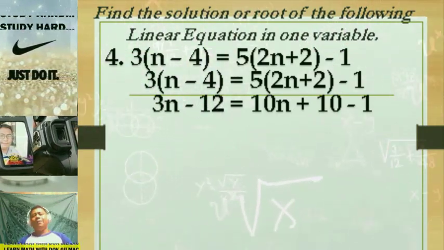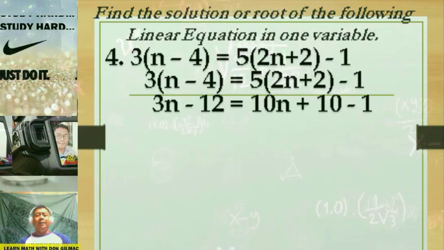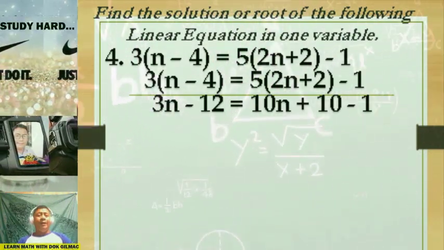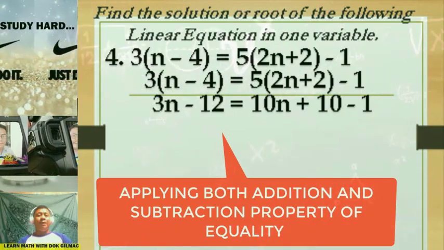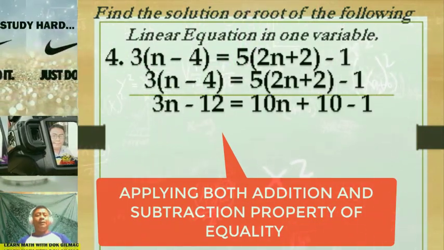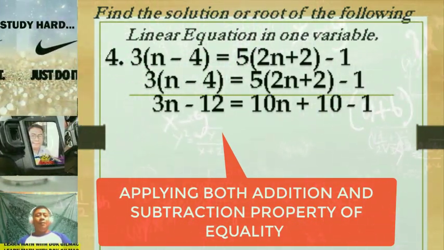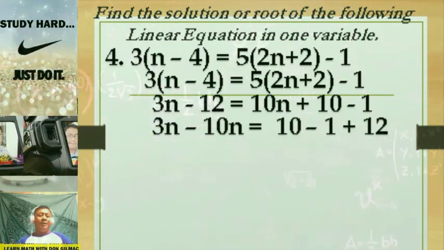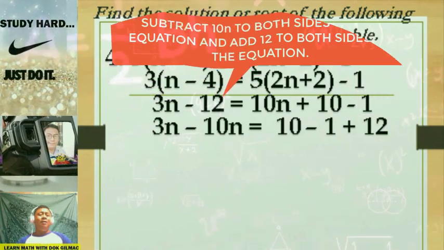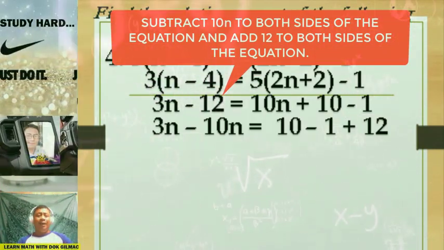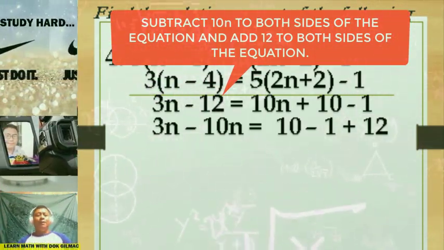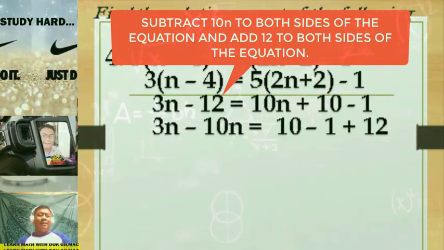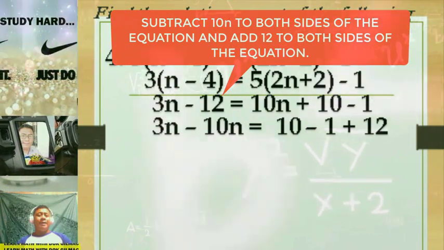Simplifying further, we can simply apply the addition property of equality and the subtraction property of equality. So we have 3n minus 10n, since we just subtract 10n from both sides of the equation. 10 minus 1 plus 12, since we just add 12 to both sides of the equation.